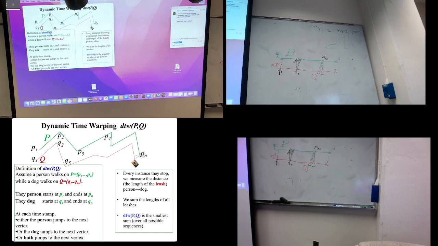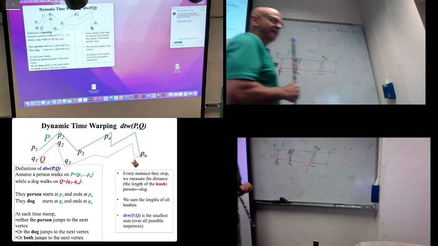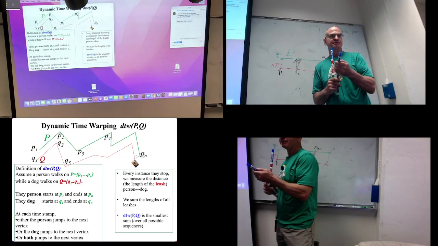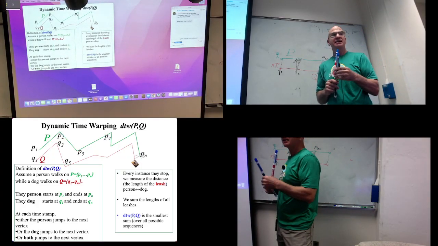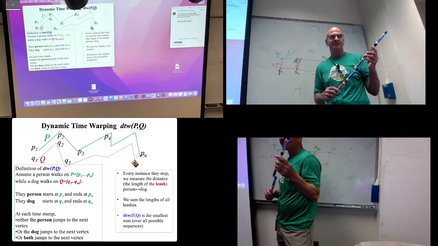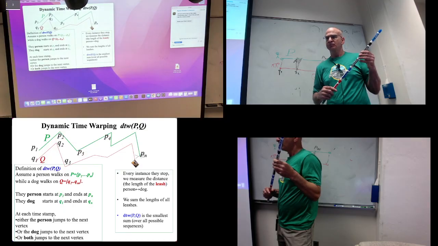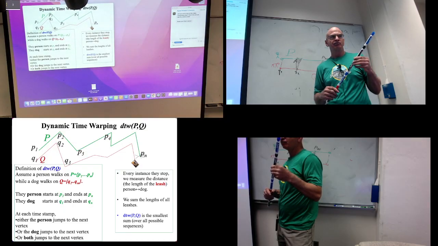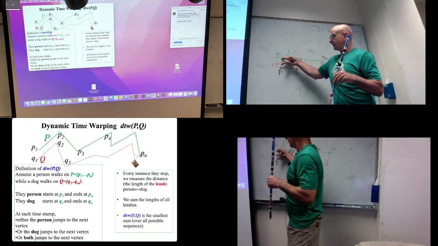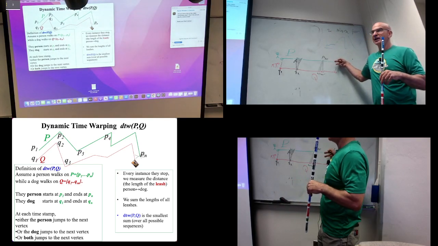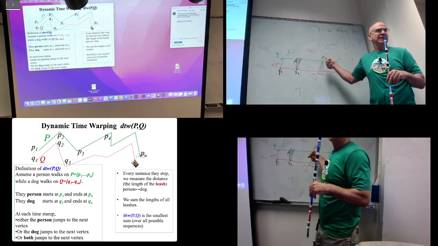Give me a scenario in which they need as few timestamps as possible. Again, P has n vertices, Q has n vertices. They move together all the time, and then I need n or n minus 1 timestamps. That's the fewest number, a minimum of n timestamps.